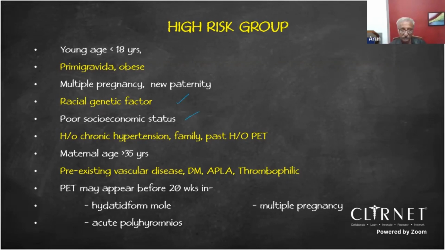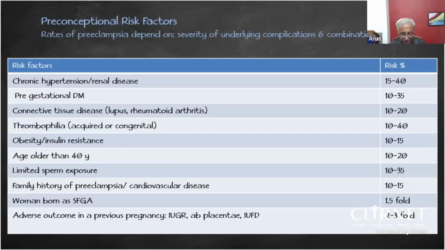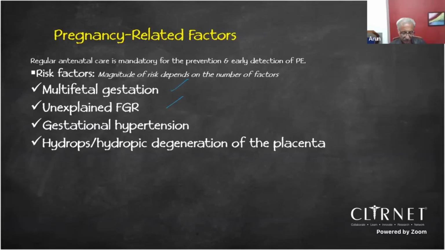Socioeconomic status. History of chronic hypertension. PET may appear before 20 weeks in H-mole, acute polyhydramnios, and multiple pregnancies. These have all been explained. Now, pregnancy-related factors: we have multiple gestation, unexplained FGR, gestational hypertension, hydrops or hydropic degeneration of placenta.